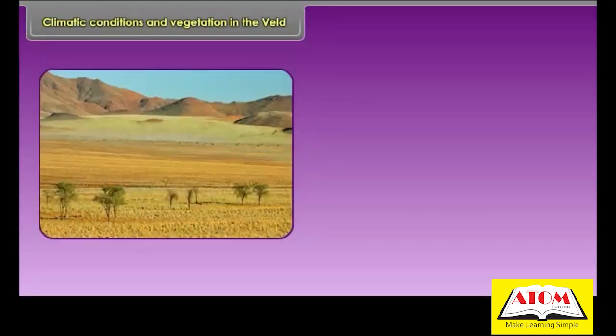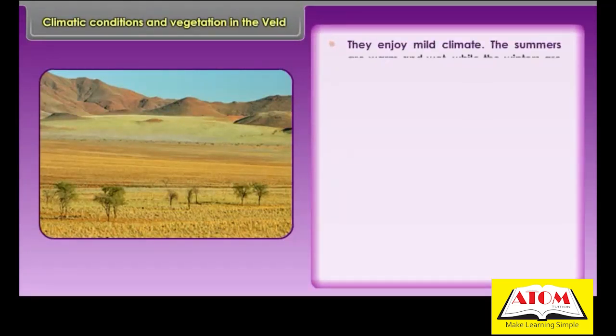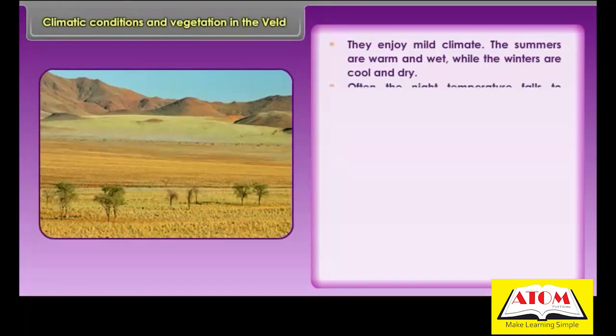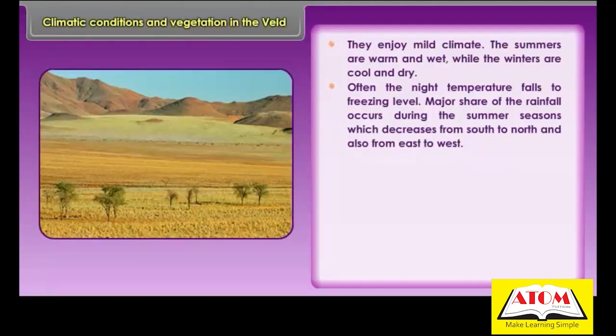Climatic conditions and vegetation in the veldt. They enjoy a mild climate. The summers are warm and wet, while the winters are cool and dry. Often the night temperature falls to freezing level. The major share of the rainfall occurs during the summer season, which decreases from south to north and also from east to west.